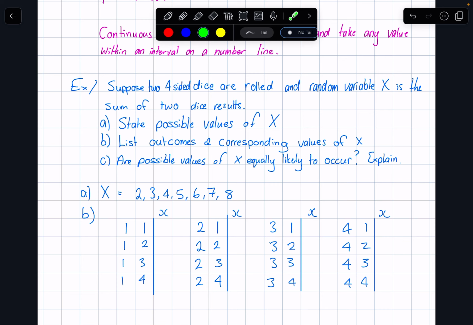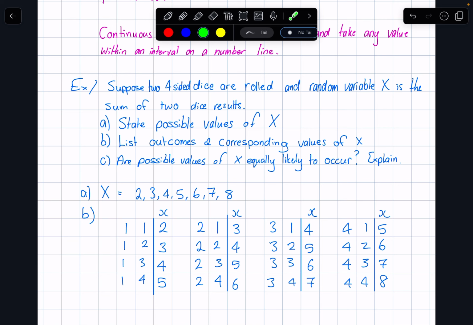Looking at the values that each outcome produces, I've got 2, 3, 4, 5, because I'm adding them together. Then 3, 4, 5, 6, then 4, 5, 6, 7, and then 5, 6, 7, 8.